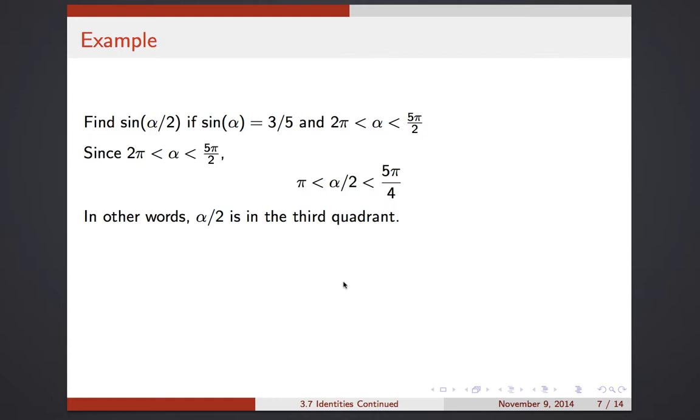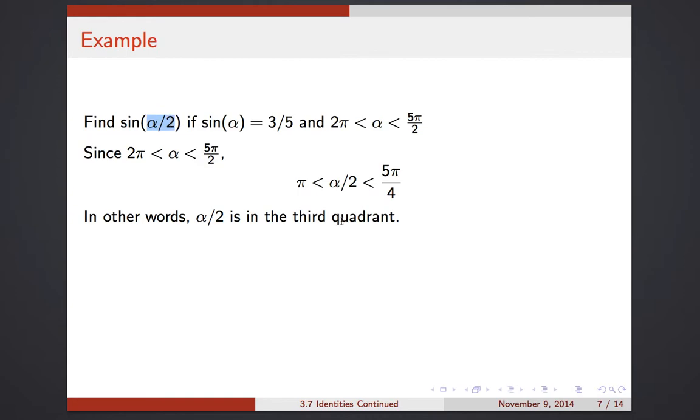So in the third quadrant, sine and cosine are negative, right? Tangent is positive. But anyway, you have a location for alpha over 2, so you can predict whether sine or cosine or tangent should be positive or negative. Since we're trying to find sine of alpha over 2, we now know alpha over 2 is in the third quadrant.